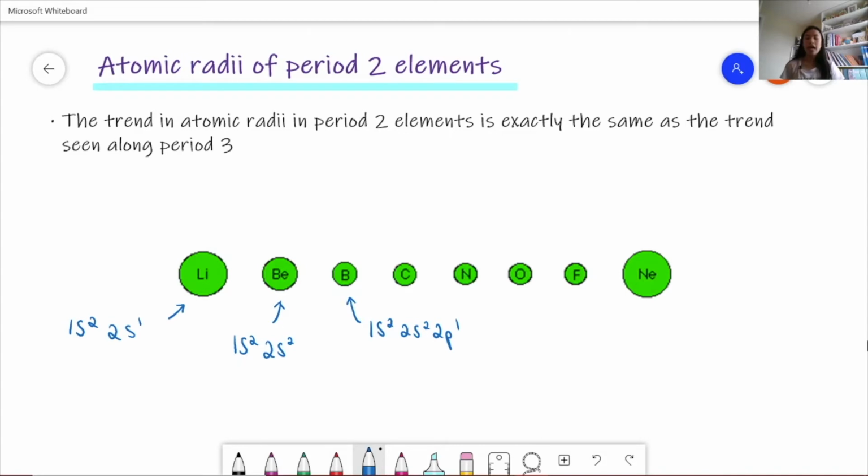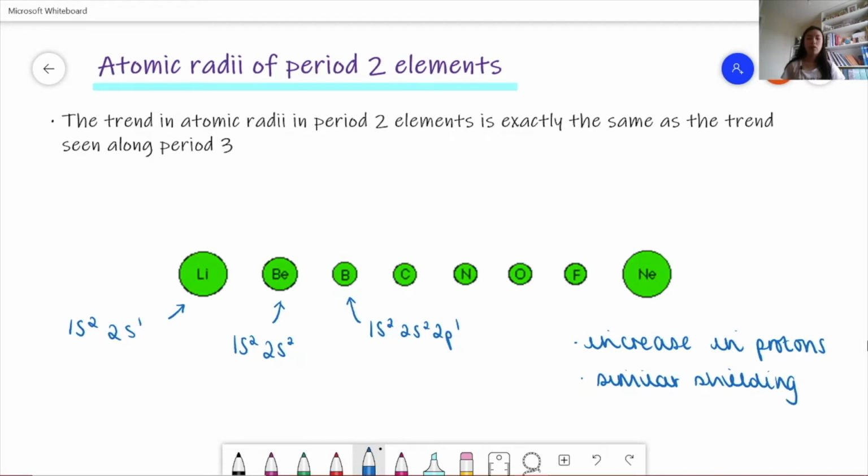And so, like the period 3 elements, we have that the atomic radius decreases generally along the period. And this is because we've got an increase in atomic number, so you've got an increase in proton number, and very similar shielding, because all of these elements have 2 shells.